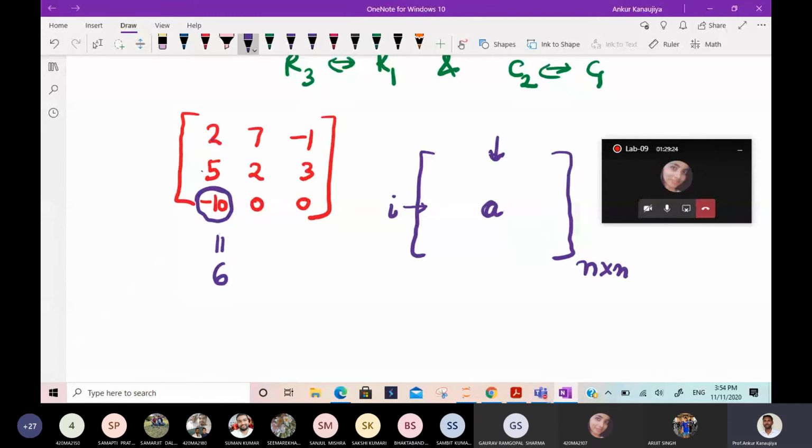Python will not count i, j. Python will count what? ij minus 1. Can anyone? What? i into j minus 1. No.